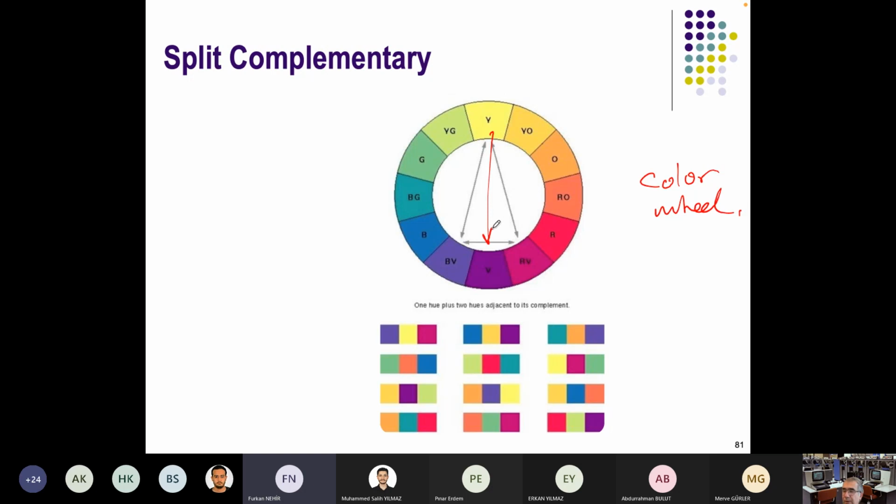Instead of using the opposite, you need three colors, one from one side, across, split. So these two. Then we can generate these combinations. These are good three-color combinations.